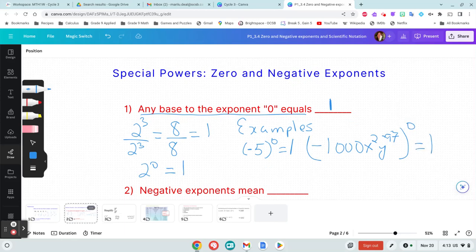It has a value of 1. The only tricky thing is that sometimes if the negative is not inside the bracket, we get negative 1. In this case, because the 3 to the 0 is 1, this part right here is 1, but then that negative is still there.